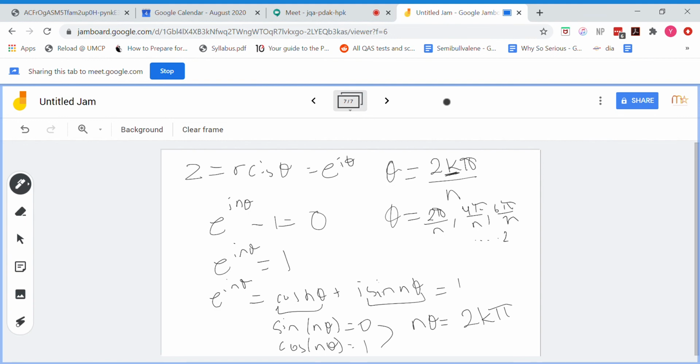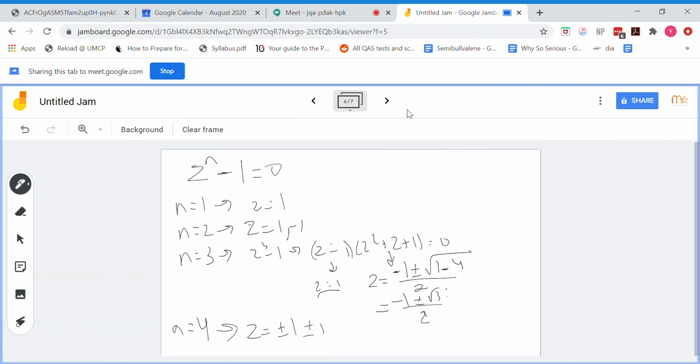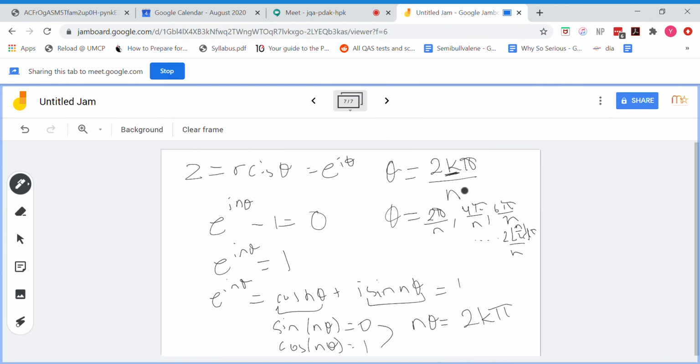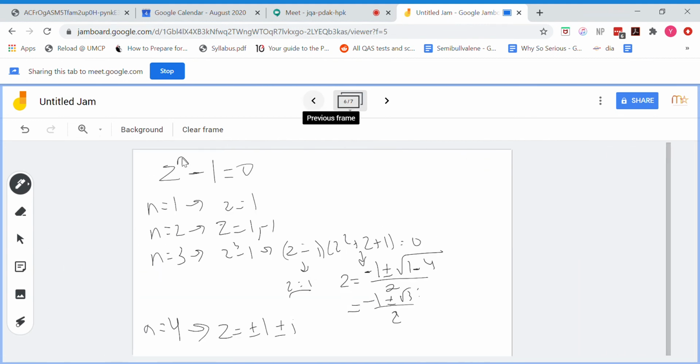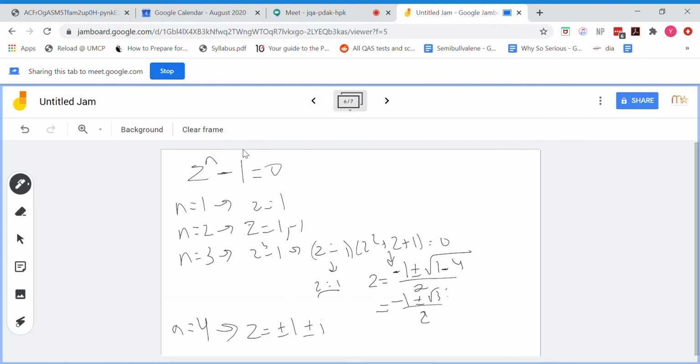So this is all the solutions to this equation, z to the power of n minus 1 equals 0. These are known as the roots of unity because you're looking at the root of when z to the power of n equals the unit, I guess.